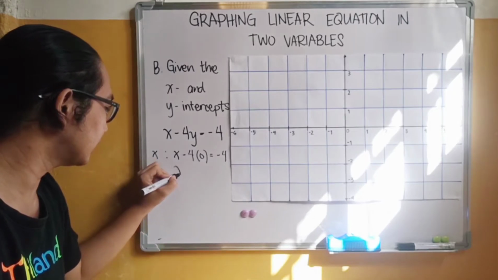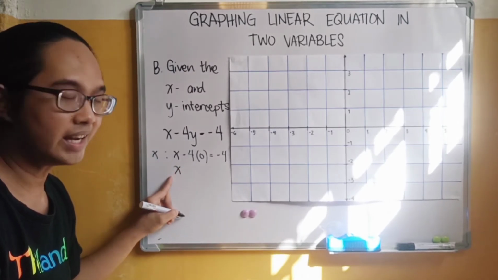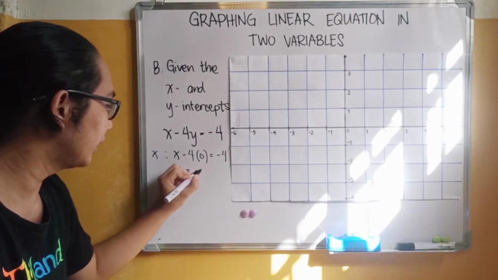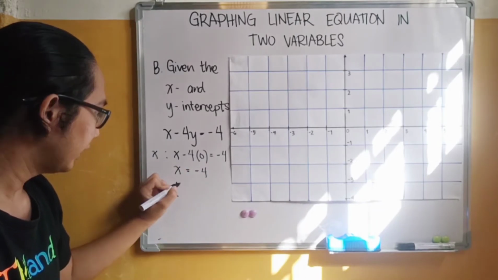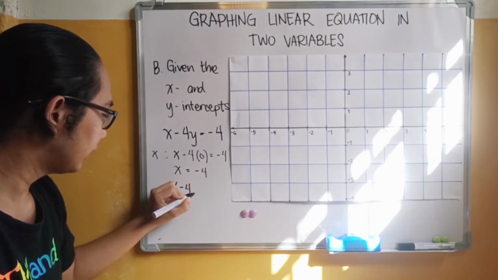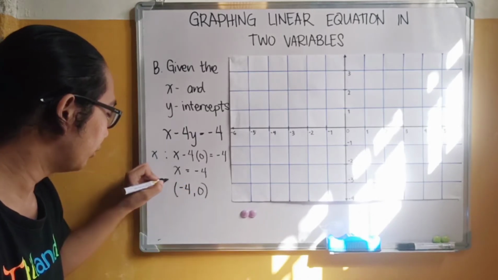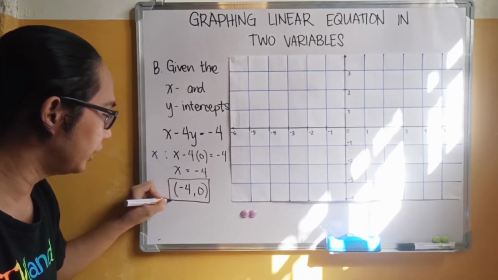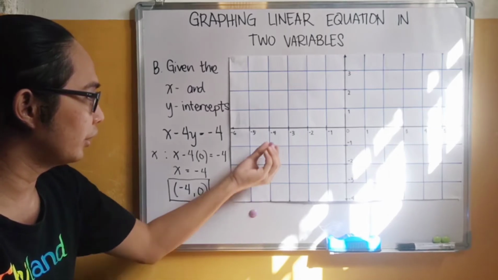So we have now x minus 0 or just x is equal to negative 4. We have now x is negative 4, 0. So we have now the first ordered pair. Then let's plot it on your Cartesian plane.